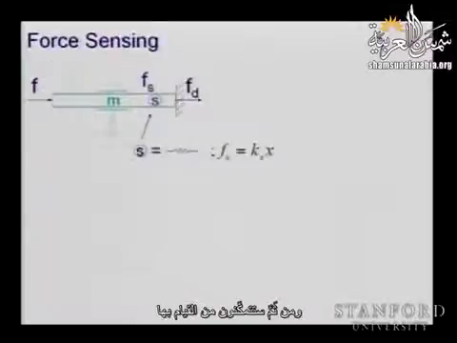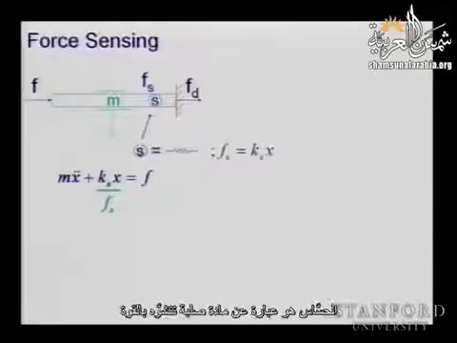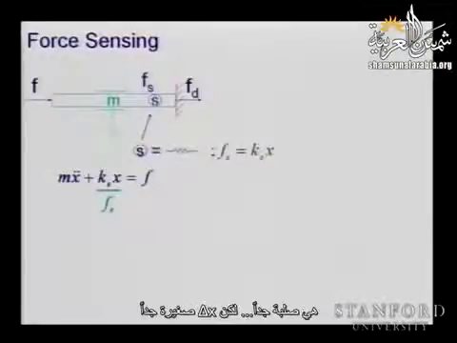So if you have a sensor, then your sensor is going to give you this sensed force, which is the displacement of the sensor. A sensor is essentially a stiffness that you're deforming. It's very stiff, and the delta x is very tiny.